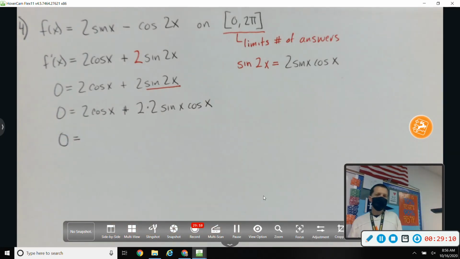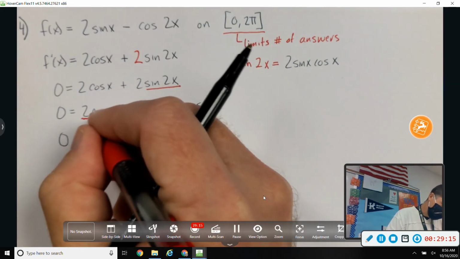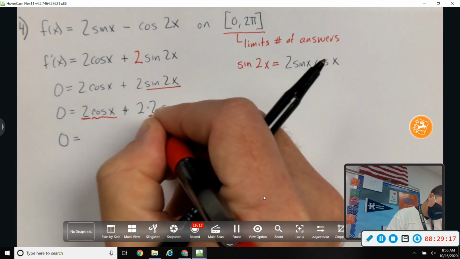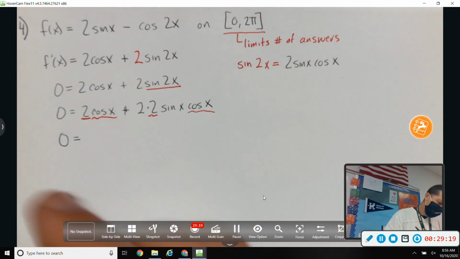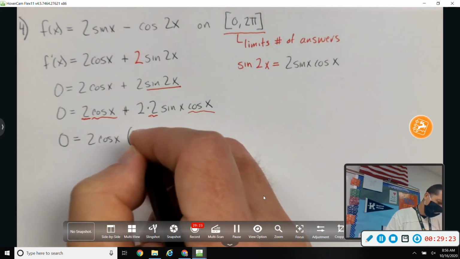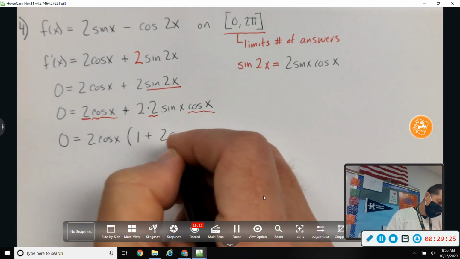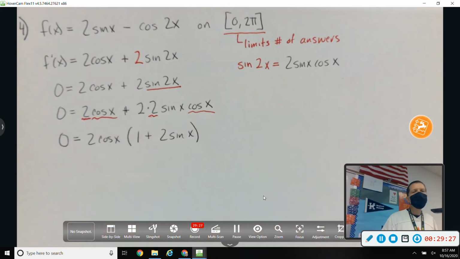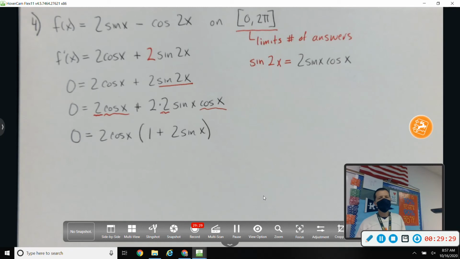Speaking of tests yesterday, I can factor out a 2 cosine x, and that would leave 1 plus 2 sine of x. And now we learn why the book and CalcChat and multiple choice test and me keep doing algebra stuff like this.